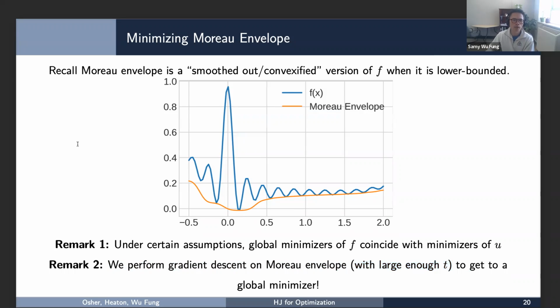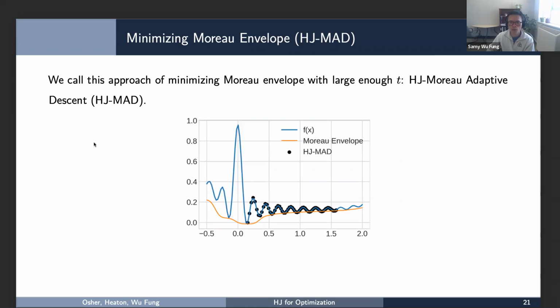This slide pretty much tells you the entire idea of using our formula in the context of minimizing the Moreau envelope. Here's what it might look like. We called it HJ Moreau adaptive descent in our paper, although we found out later that we don't need any adaptivity.